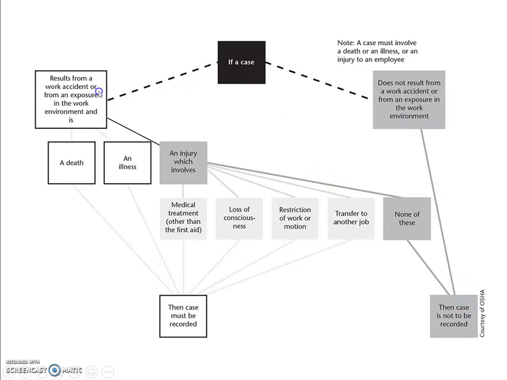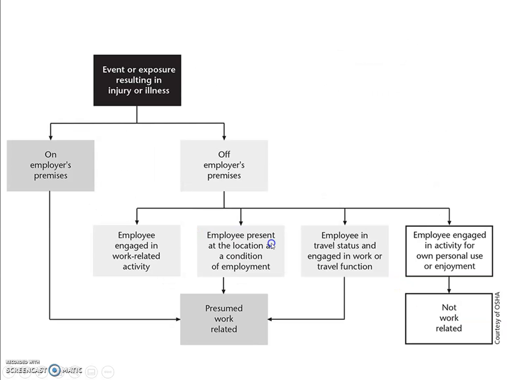But if it results from work accidents, then the case is recorded, except when there is an injury, but there is no medical treatment or transfer to other job and restriction of work or motion, etc. has happened, then the case is not recorded. In other cases, the case is recorded.